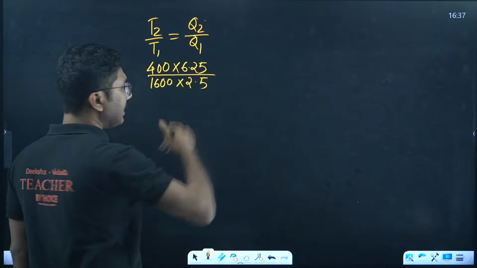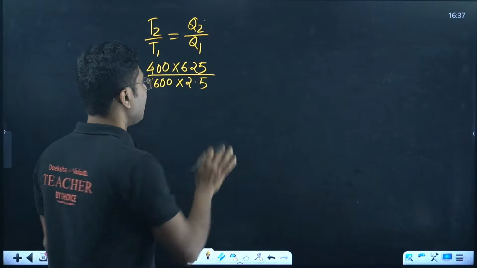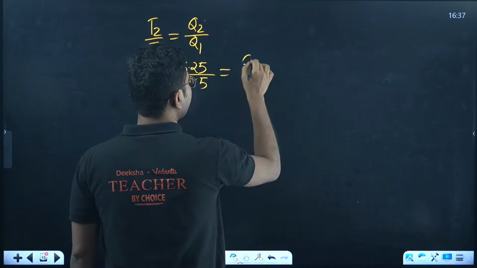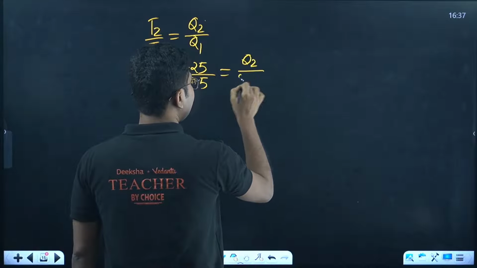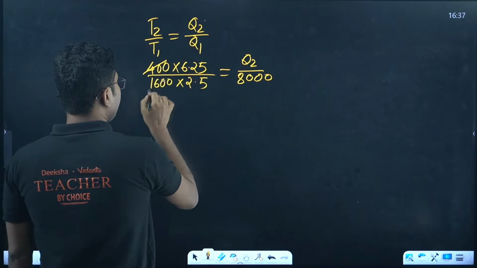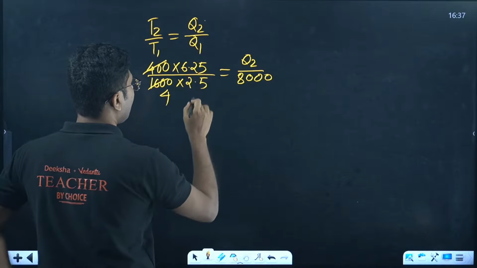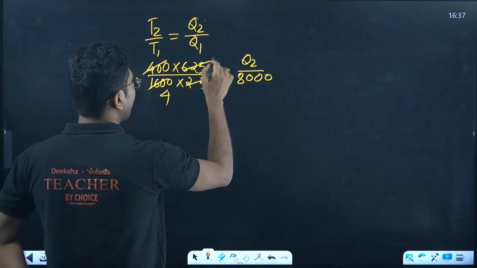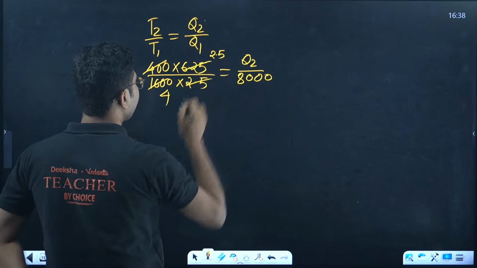R both were in division, so they cancelled out. Okay, divided by 8000. So this will be 1 upon 4. 2.5 into 2.5 is 6.25.